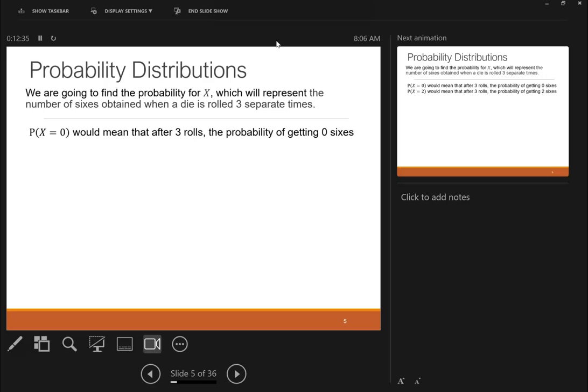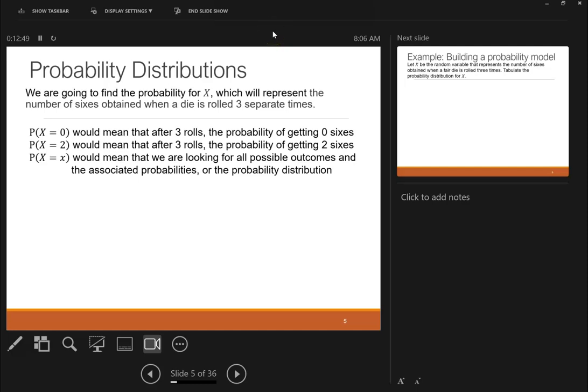Okay? So P of x equals 2 is going to be the probability that we roll that dice 3 times and 2 6s come up. If we say the probability that x is equal to x, means we're looking for all possible outcomes and the associated probabilities, also known as the probability distribution.